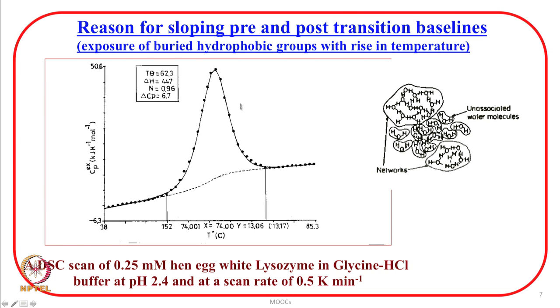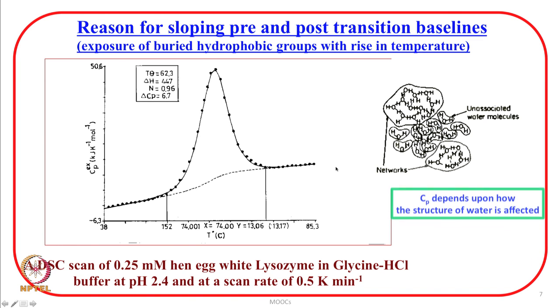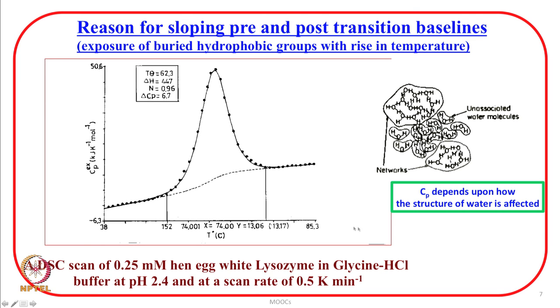And after the transition is over, how the unfolded protein affects the structure of water will decide its final heat capacity. So, that is why the comment over here: Cp depends upon how the structure of water is affected.